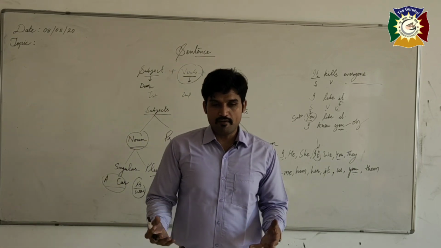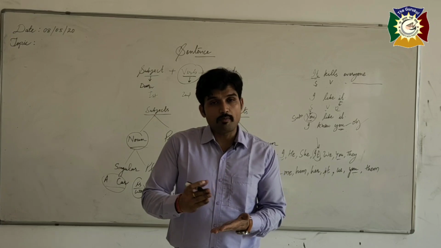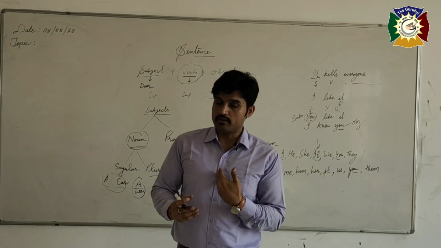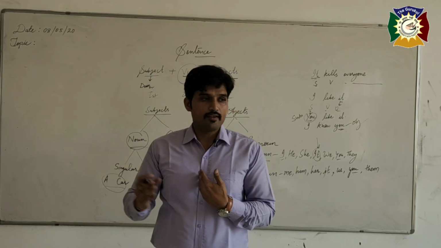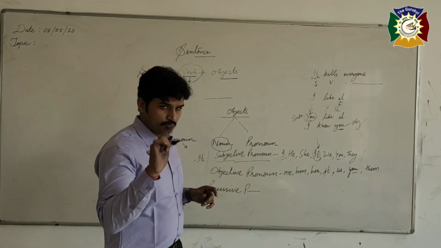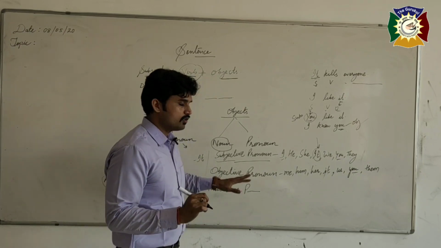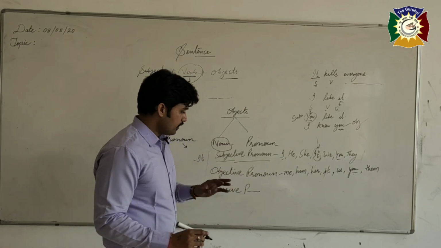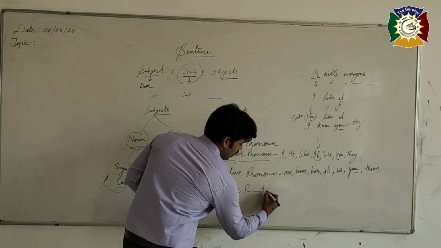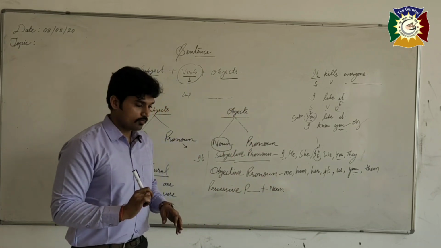Possessive pronouns, whenever you use a pronoun to talk about things which belong to me, which belong to you, which belong to she, which belong to people. So how do we use them? Before I tell you about the possessive pronouns, you better know one more thing, that possessive pronouns are always used with a noun.